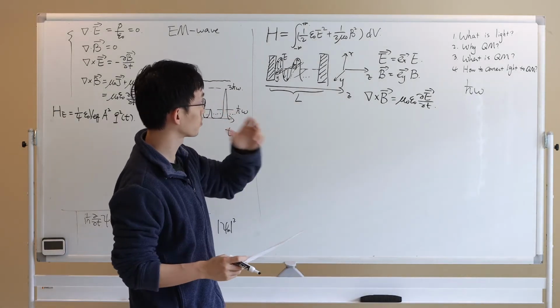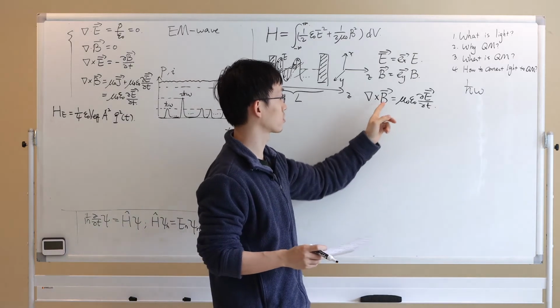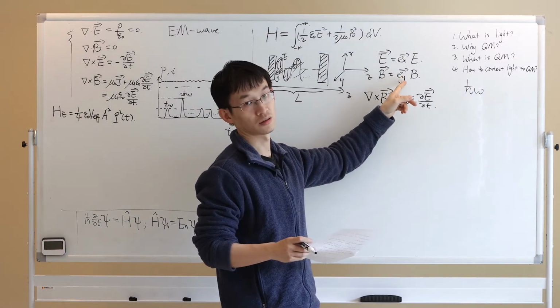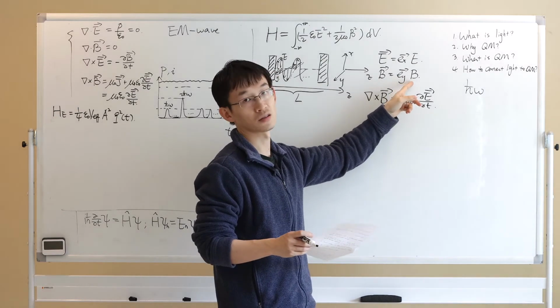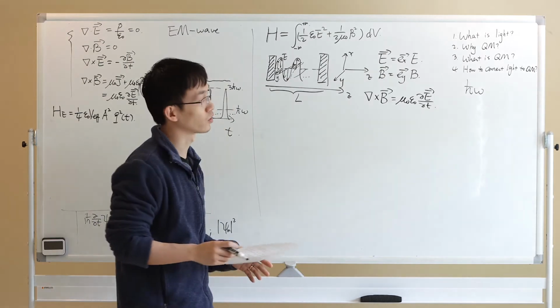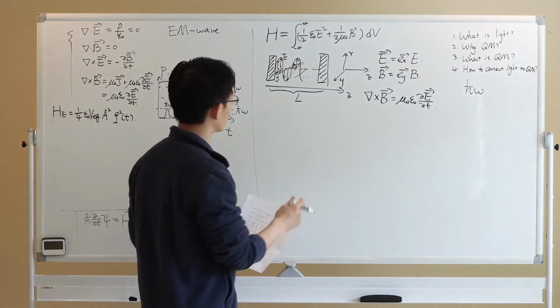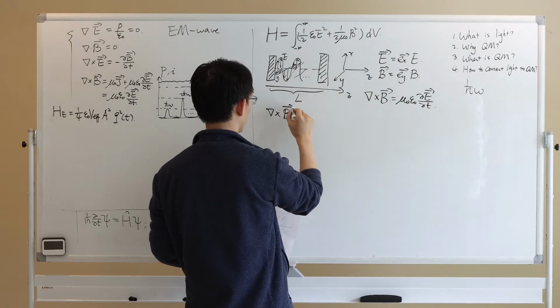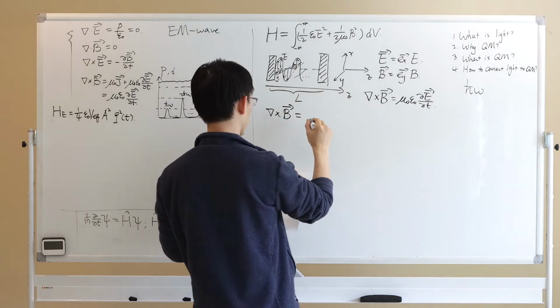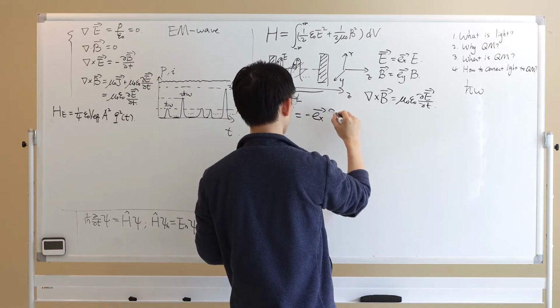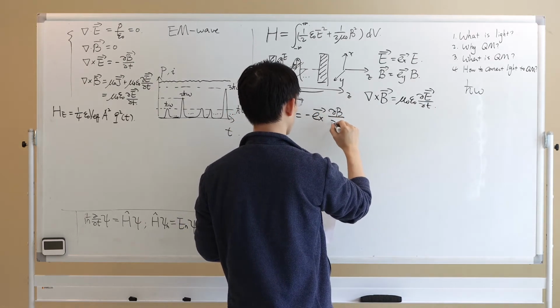But here, one thing I want to mention is that when you're doing this curl, always remember that there's only one component that's non-zero. That's a y component. It's because we assume a transverse wave to simplify the calculation, and because of that, you can kind of reduce this to these two.